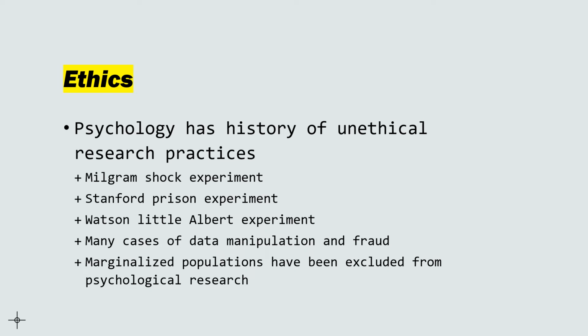And why did they allow such terrible things to happen? That's what this experiment was trying to examine. Milgram was arguing that almost any person, if you put them in a position where a person of authority is telling them to do something terrible, will probably do that terrible thing. That was his hypothesis.